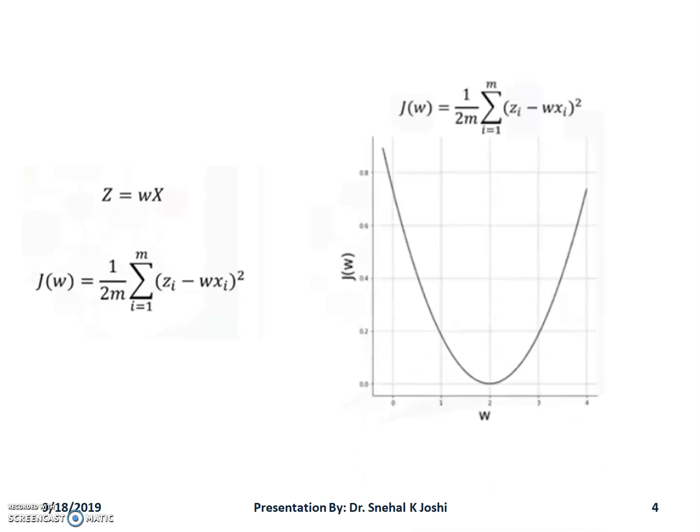Consider this example for our previous function z equal to wx, where w equal to 2. We have plotted a graph which represents cost function J(w) against w. We can observe the parabolic representation where we obtain minimum cost J(w) when w equal to 2 for our example. This is called the global minima.